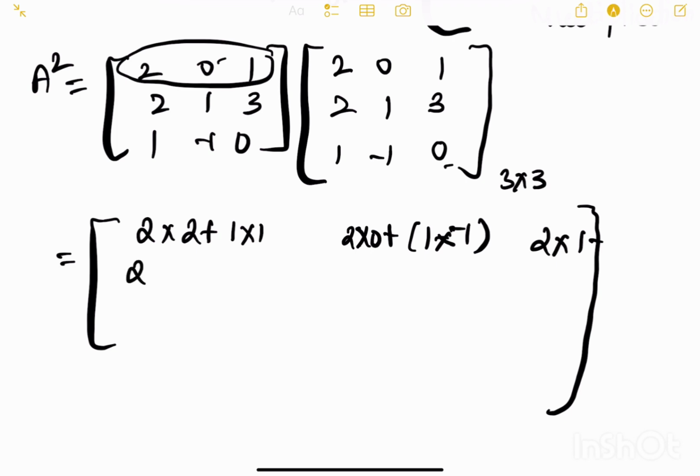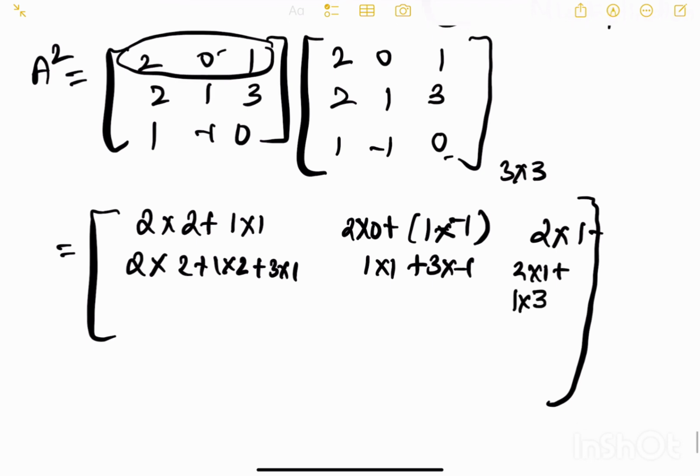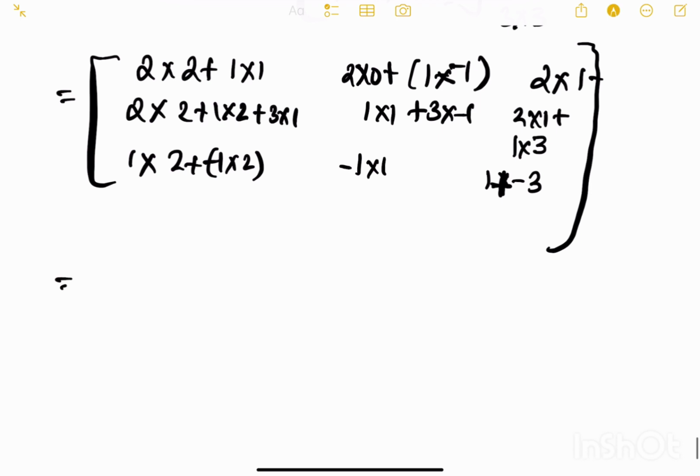Now the next row, then the last column. I would prefer that you should do these questions on a paper side by side with me so that it will be easy for you as well to grasp and understand what I'm telling you. Then consider the third row. So I will just write it down.